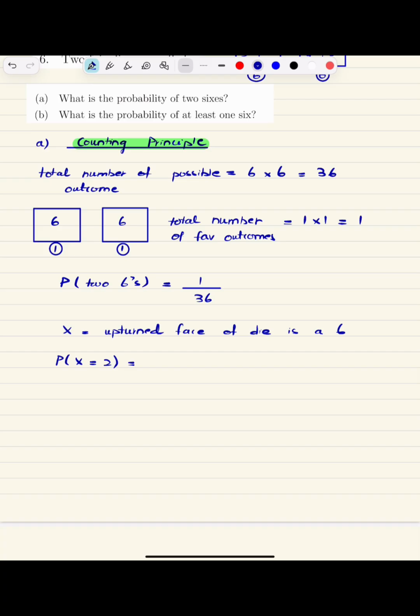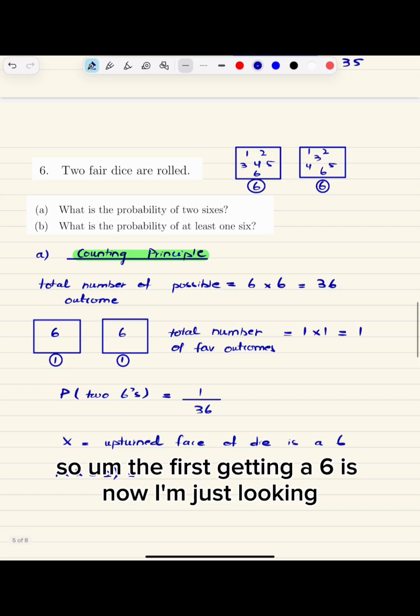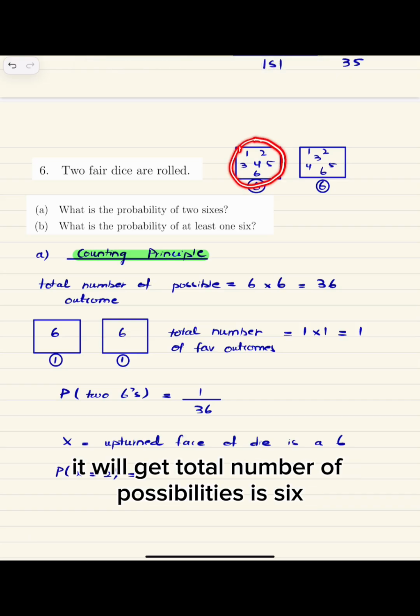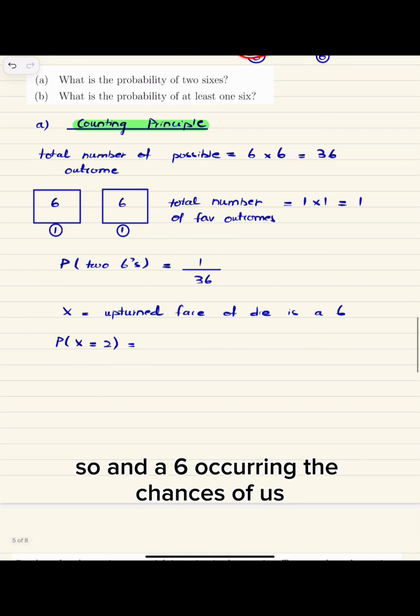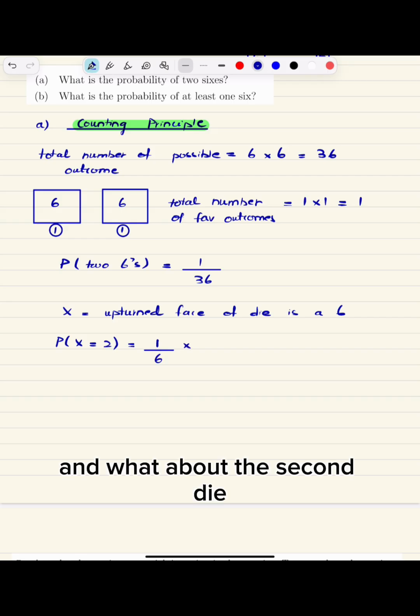So the first getting a 6: looking at this die, the total number of possibilities is 6, and the chance of us getting a 6 is 1 by 6. And what about the second die?